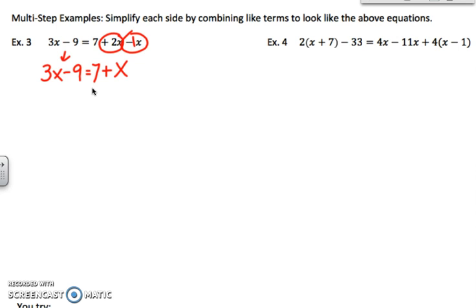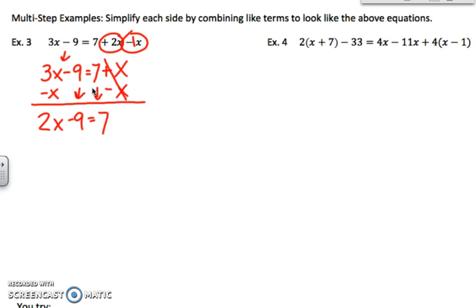So first off, I'm going to subtract an x, and make sure to do it under its like term. 3x minus x is going to be a 2x, and now I'm going to bring down everything I didn't use, so that -9, the equal sign, and that 7.